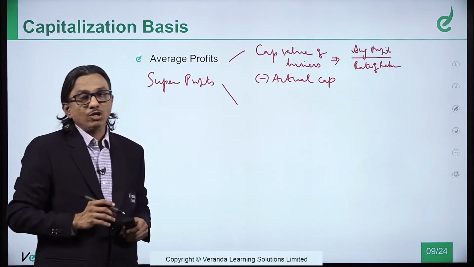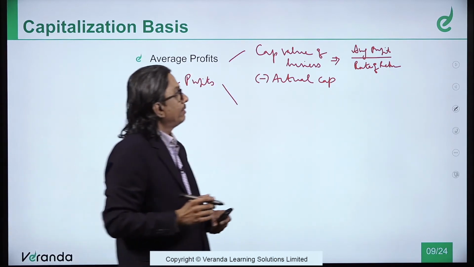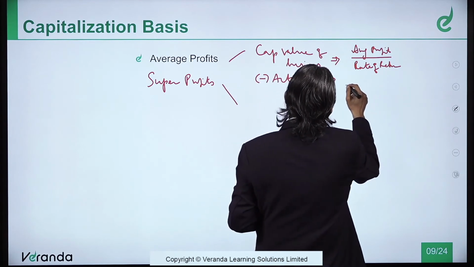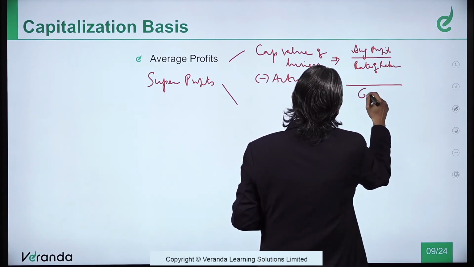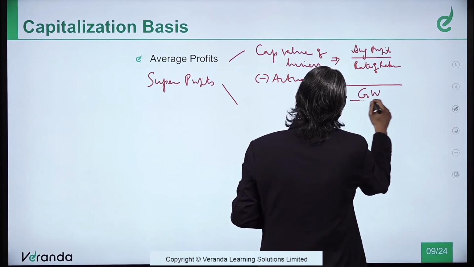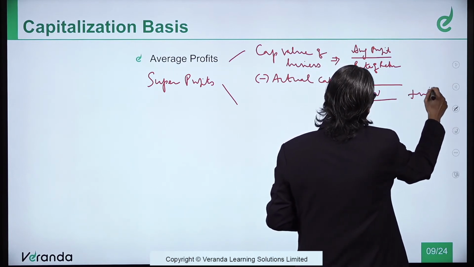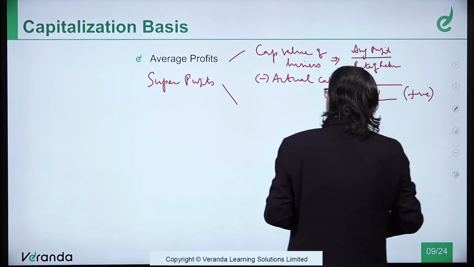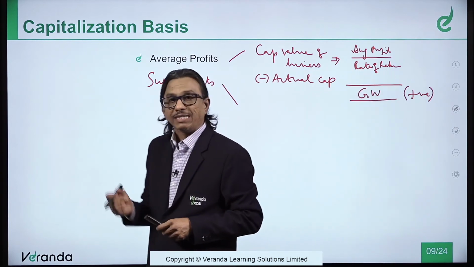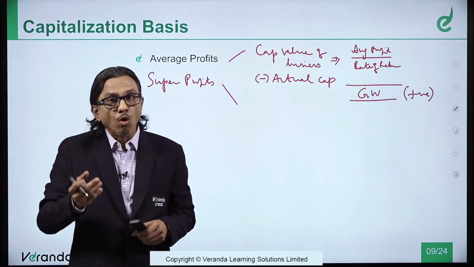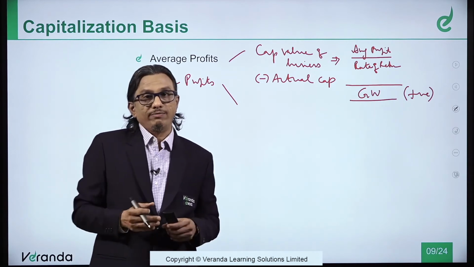You deduct actual capital employed, the difference will be goodwill, provided it is positive. Suppose capitalized value is less, actual capital is more, then there is no goodwill.